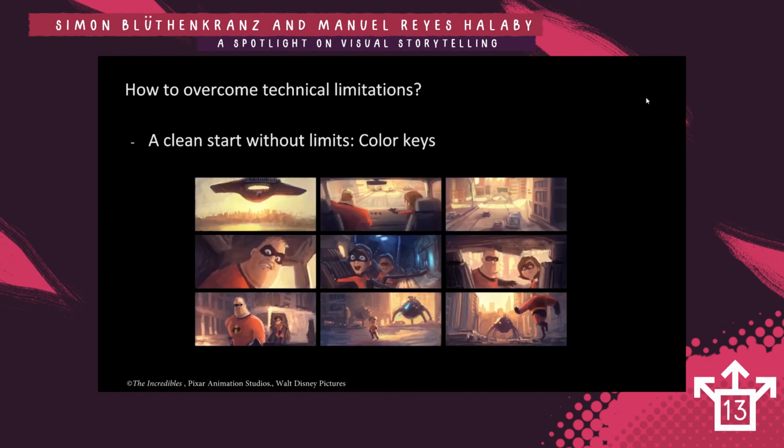How do we overcome all the technical limitations that we can have in CG lighting? It's starting with something that doesn't have that much of a limitation. So the limitation in this case is the artist's ability to express mood and design a lighting that works for a scene, as a sequence as well. Whenever we work in feature film or TV series, an artist will start by doing what we call color keys.